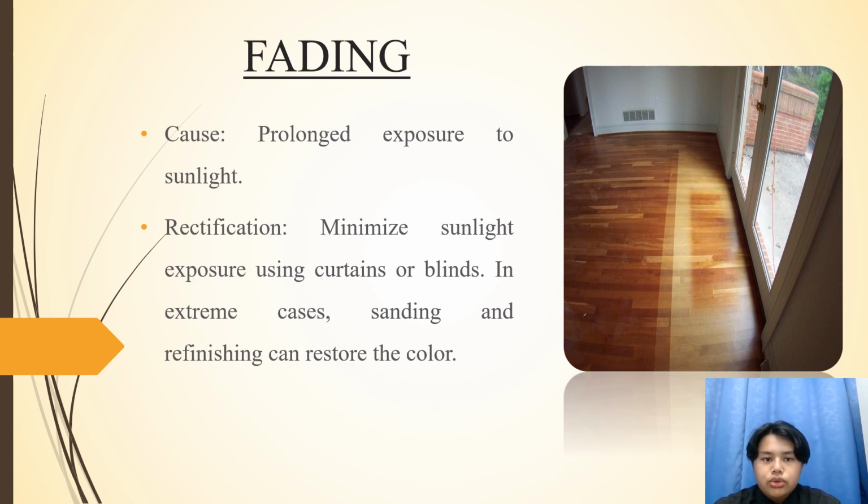So how to fix it when it happens is to minimize the sunlight exposure using curtains or blinds. And in extreme cases, sanding and refinishing can restore the color. We can restore the color if it has already happened, and we can also use curtains or blinds to prevent the fading from happening.